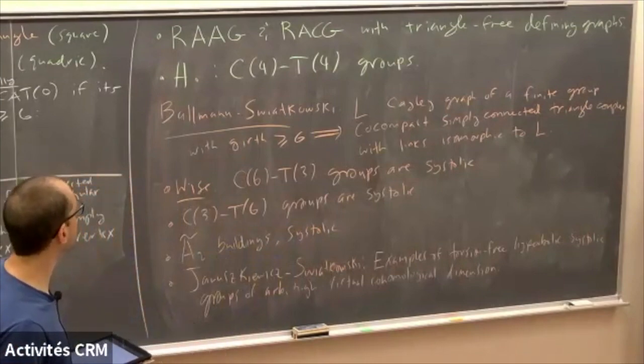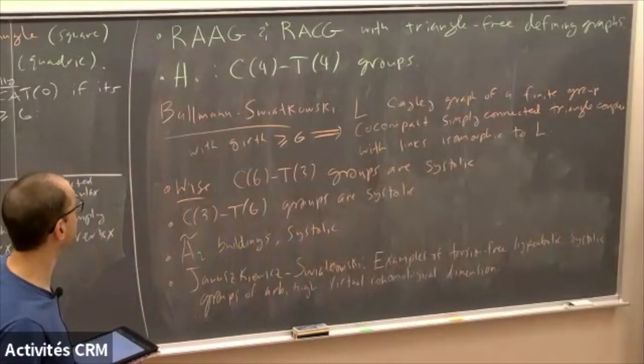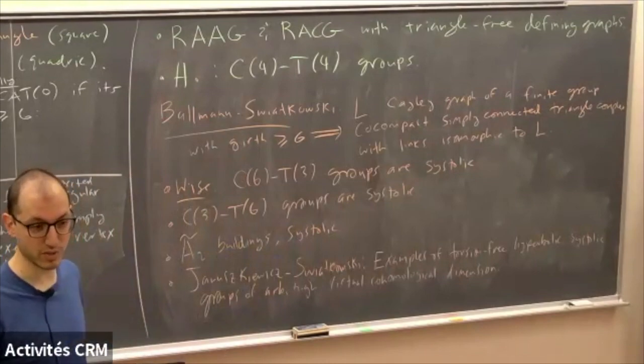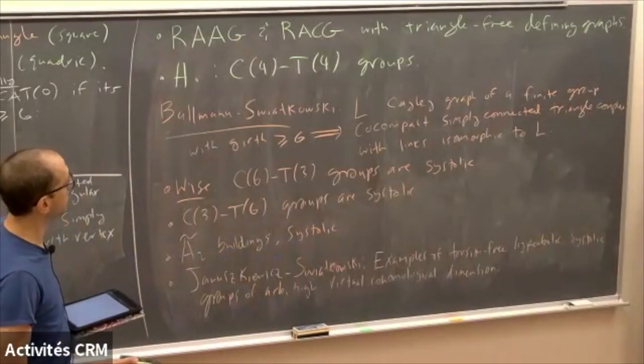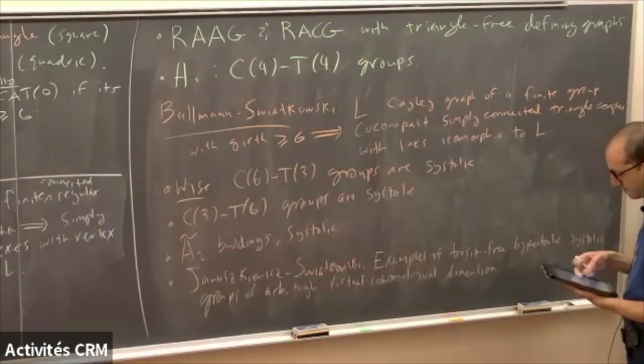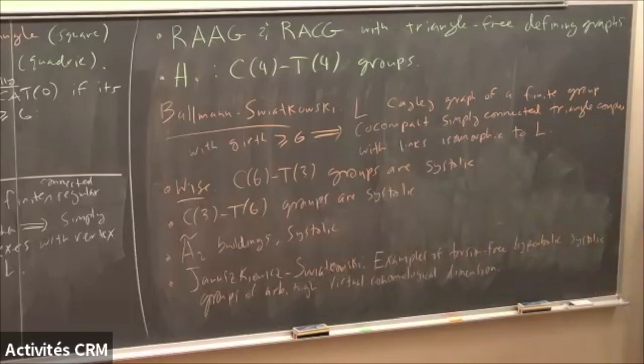I think if you just take the Cayley graph and you glue in squares where you see 4-cycles, you get, so yes, that's probably the same as one of the complexes you're talking about.